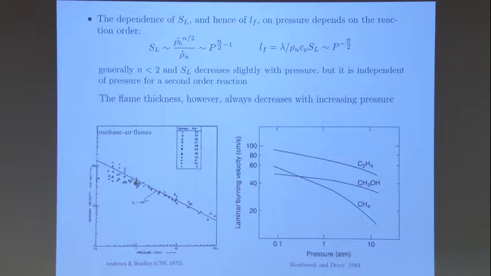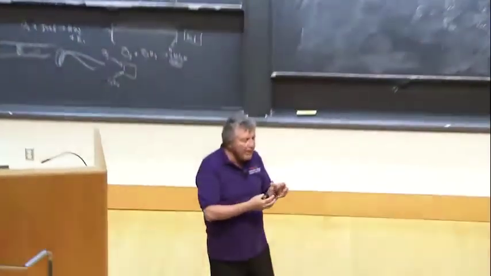Now, typically, the reaction order is less than 2 because, roughly speaking, the reaction order is the number of molecules that collide to undergo a chemical reaction. And so a number larger than 2, meaning that more than 3 molecules, the chance that 3 collide exactly in the right way to produce a chemical reaction is usually small.